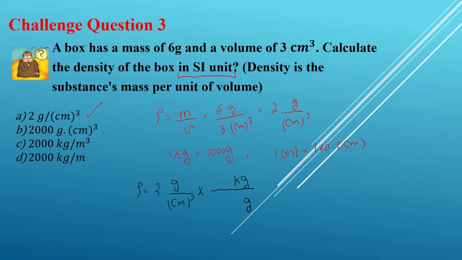Because I have to do the conversion in a way that grams can be cancelled. So this gram is going to be cancelled with the grams here. I know 1 kilogram equals 1000 grams. So this is for mass. I just did the mass, right?